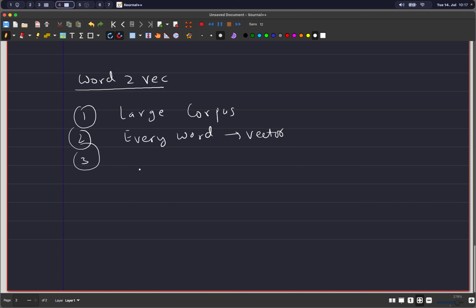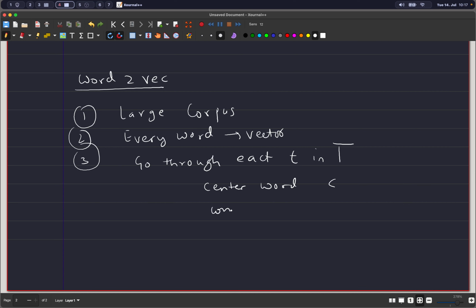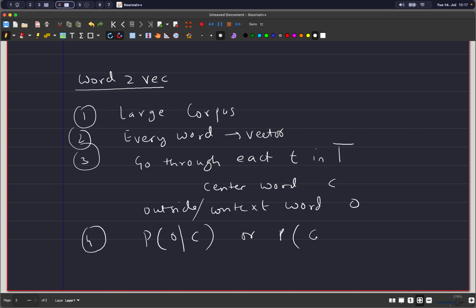What we want to do is travel through each position t in the entire text, each token or word. We will keep a center word, C, and a context word, O, also called the outside word. Then we will use the similarity of the vectors C and O to calculate the probability of the outside word given the center word, or vice versa, the probability of the center word given the outside word.